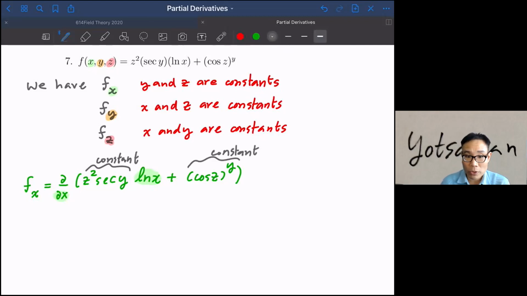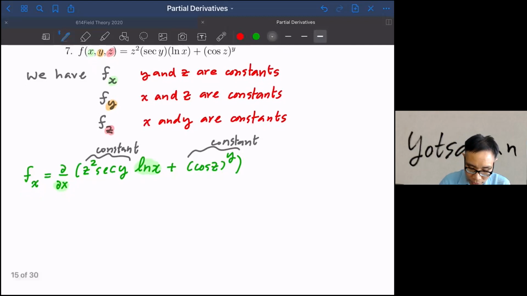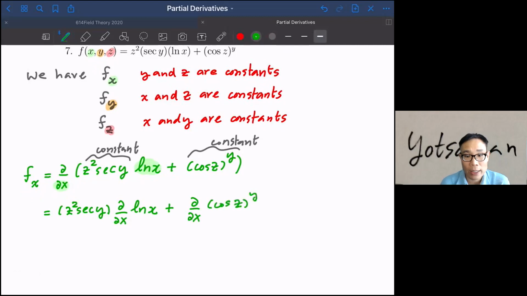So you just have z square secant y, and you have the dx of log x, added to the dx of cos z to the y.